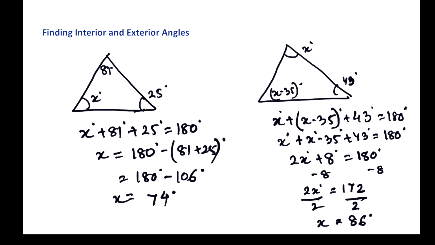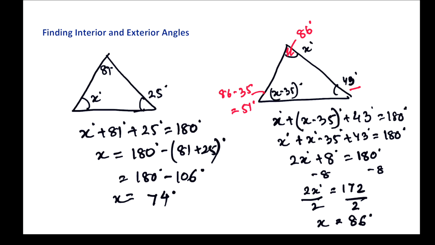This angle will be 86 degrees. This one is already given, which is 43. And this one is x minus 35, so 86 minus 35 is equal to 51 degrees. So see, by using the interior angle theorem, we can find the measurement of any angle of a triangle.